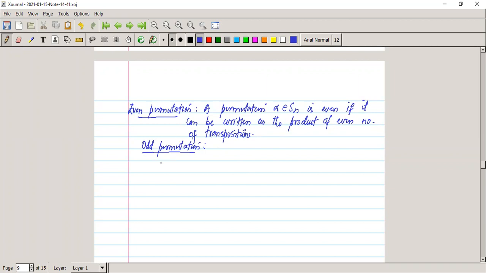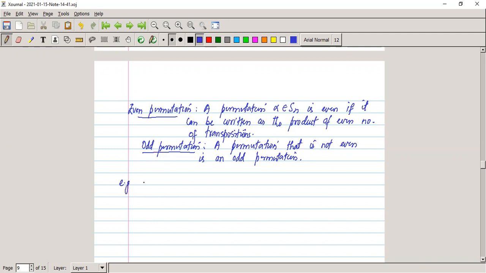That is the definition of an odd permutation, but we will just write here: a permutation that is not even is an odd permutation. Okay, so these are the definitions of even and odd permutations.